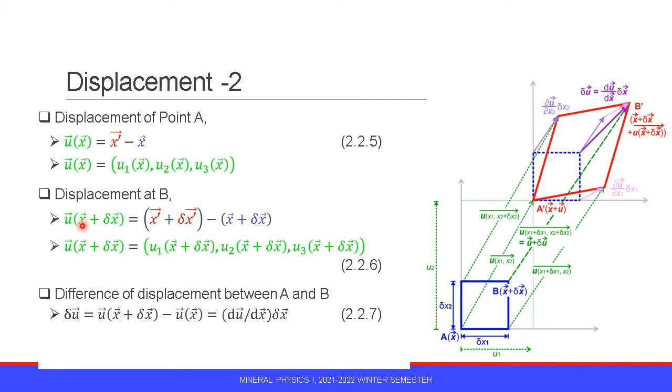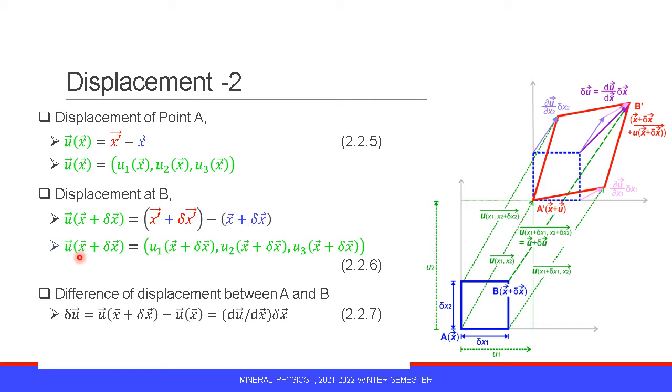Then the displacement at B is expressed using vector u at the vector x plus vector delta x, which is equal to vector x prime plus vector delta x prime minus vector x plus vector delta x.